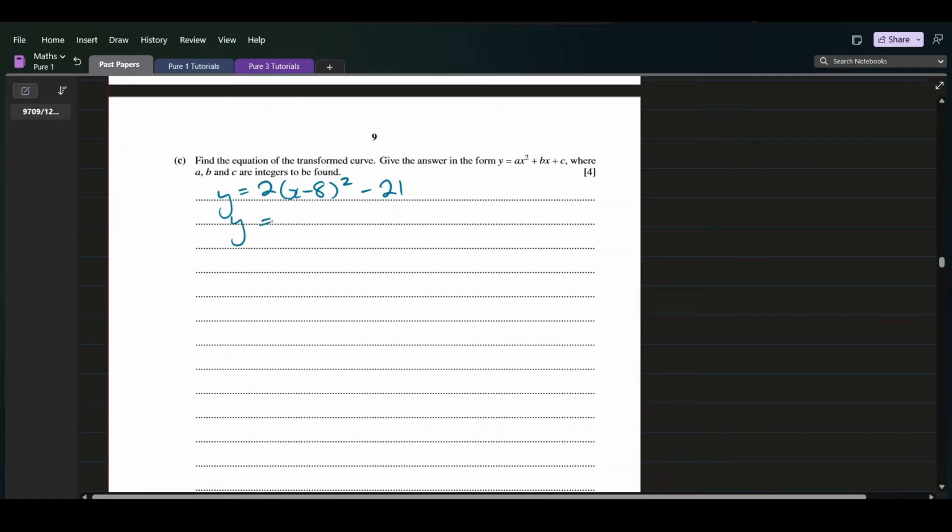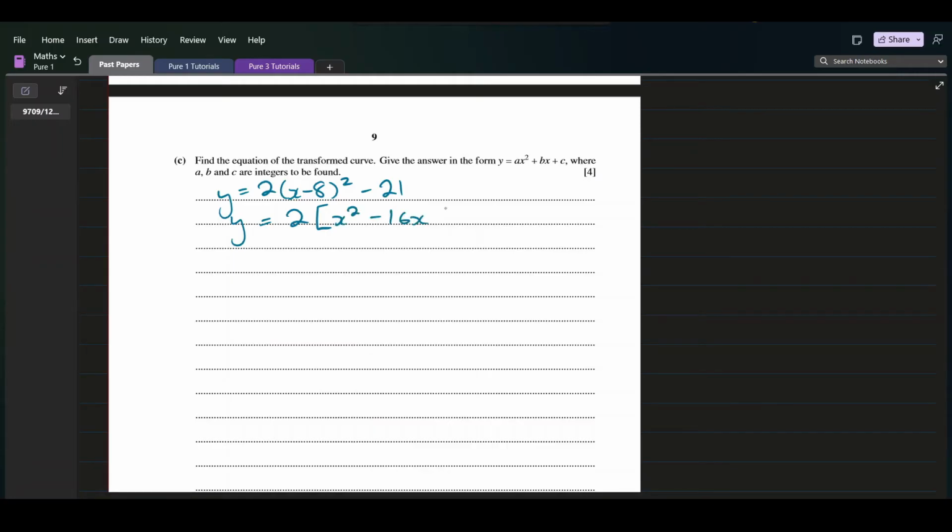So y is equal to 2, and then we have a big bracket: x squared minus 16x plus 8 squared, which is 64, and minus 21. So y is equal to 2x squared minus 32x plus 128 minus 21, and therefore y is equal to 2x squared minus 32x plus 107.